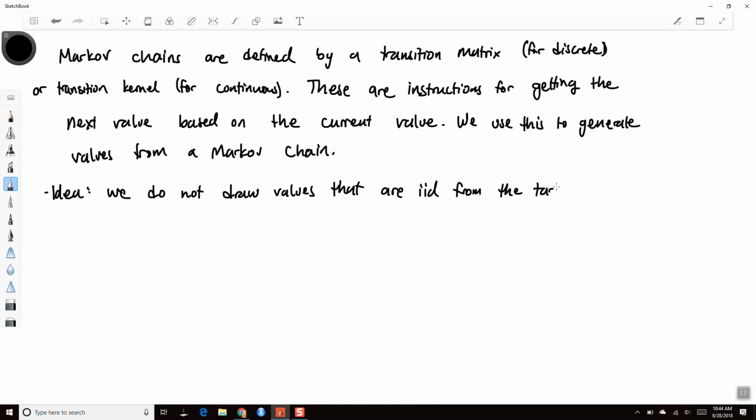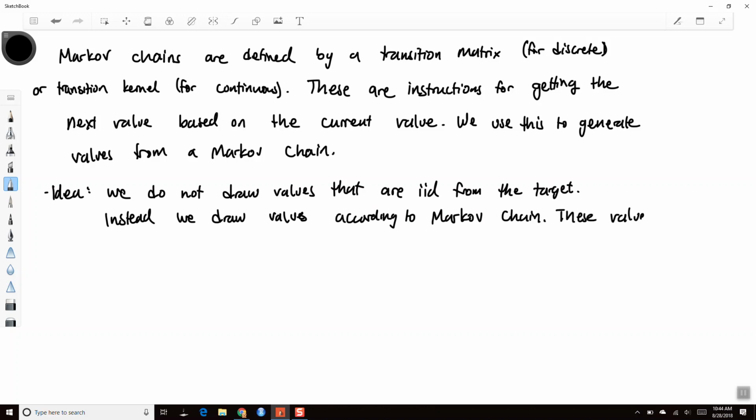From the target, we draw values according to the Markov chain, okay, and these values end up being drawn from the target PDF. Okay.